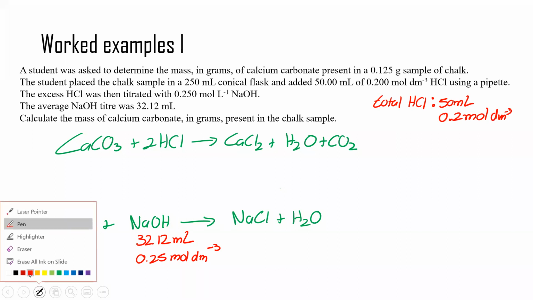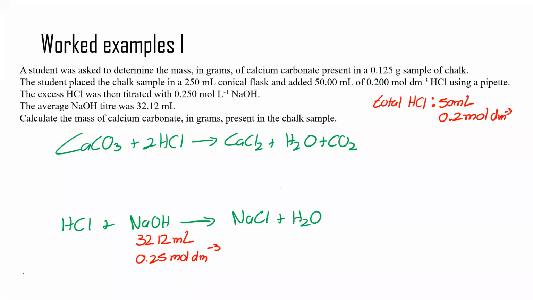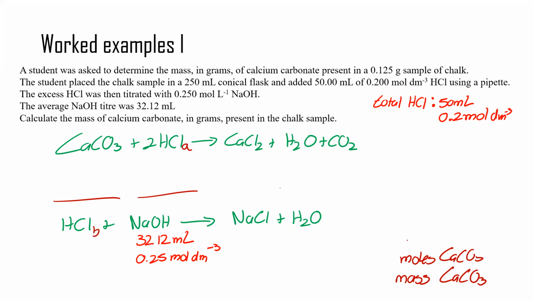So in order to then establish what you're going to need, you can actually start backwards. You need to find the mass of calcium carbonate. To find the mass of calcium carbonate, you must find the moles of calcium carbonate. But to find the moles of calcium carbonate, you must find the moles of HCl, and we're going to write them as A and B. So moles HCl A, and here we need reacted.